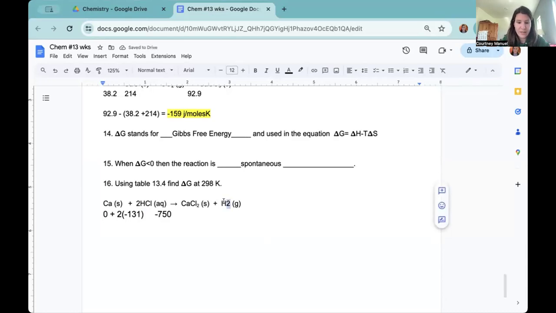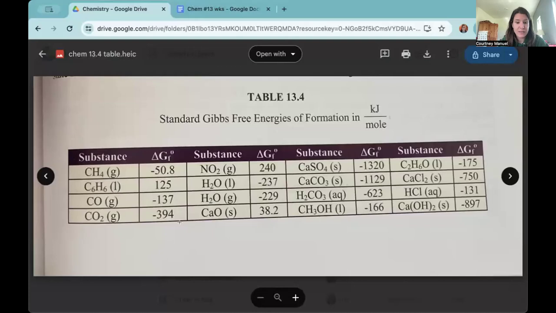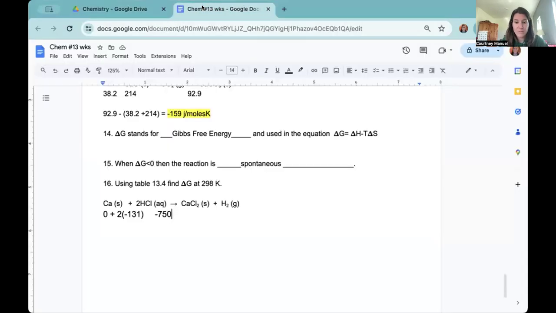Now, here's our hydrogen. Again, it's in a gaseous state, it's to itself, it's just an element. You could double check it, there is no hydrogen in our table. So hydrogen itself also gets a 0. Here we go.